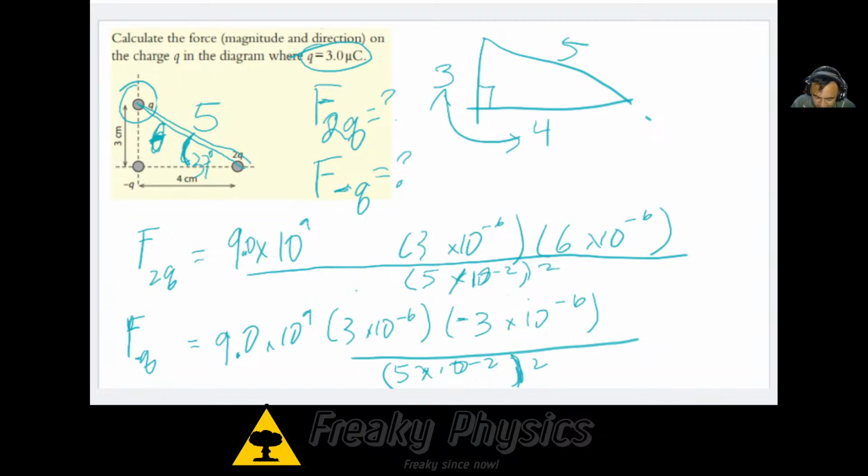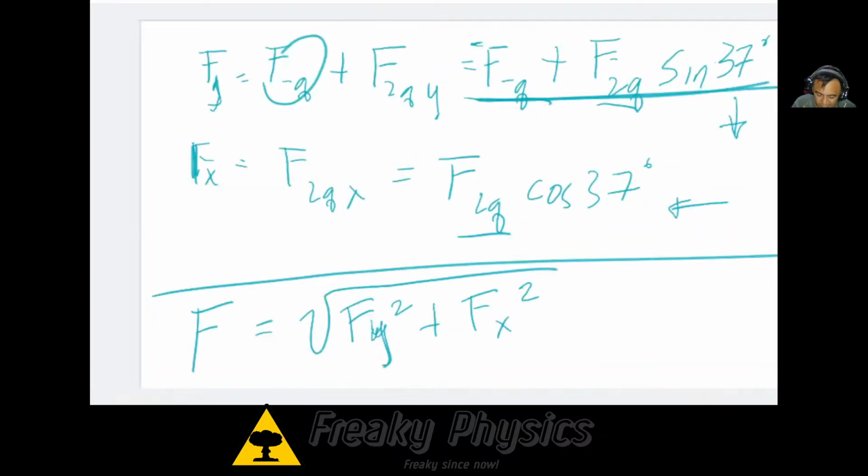This is gonna be 32.4 for negative q. I'll just put the magnitude in here, and the negative sign separately. 32.4 newtons. And then this one is gonna be 64.8 newtons. Okay, so let's continue here.